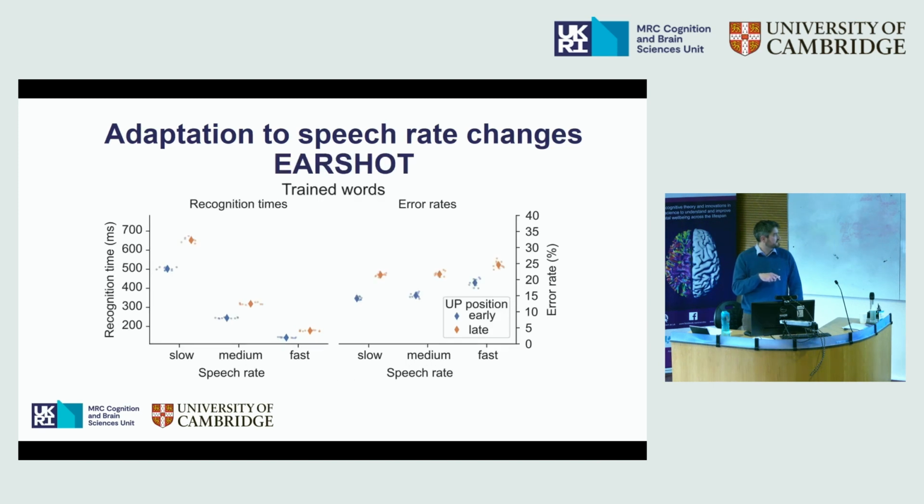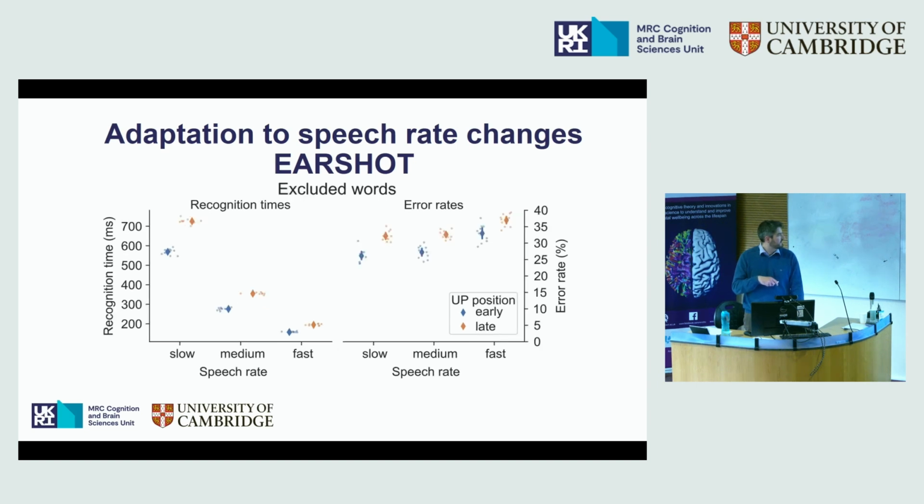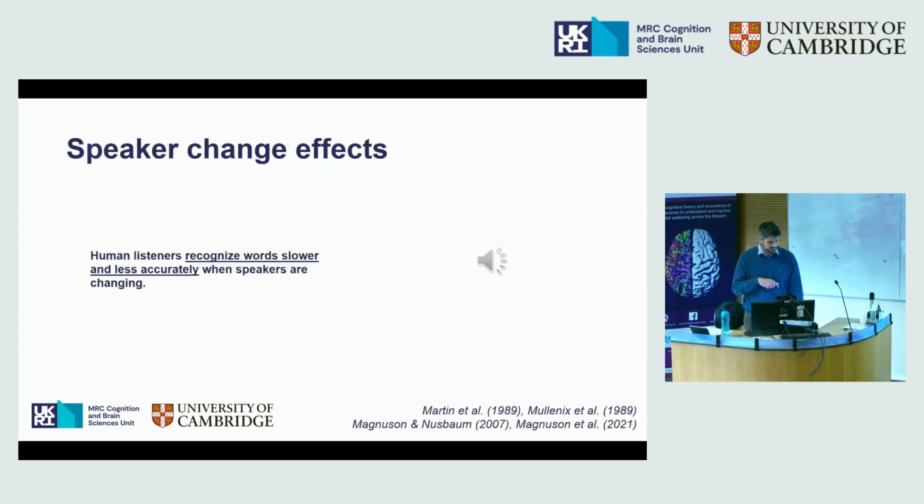For the model, this shows the exact same time course, except that even in fast speech, we see an advantage for early uniqueness point words. Same for the excluded words. The glaring difference compared to humans is that we have much higher errors. This is a limitation of the model.